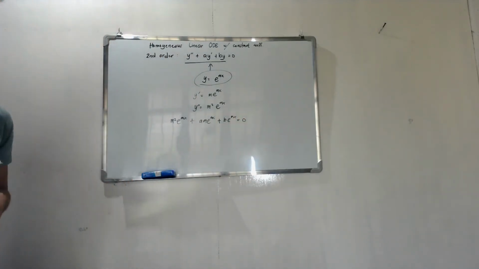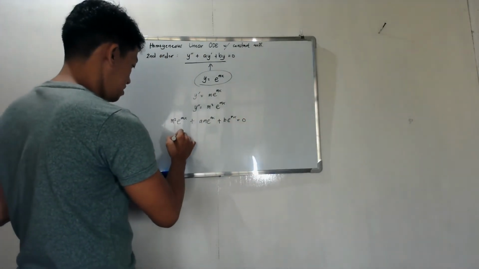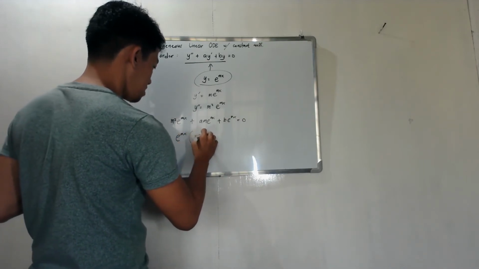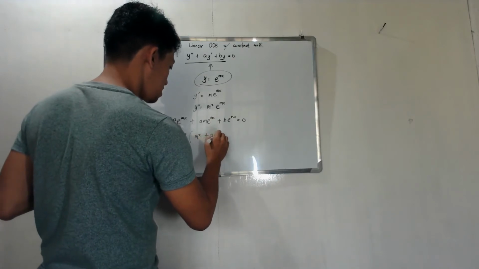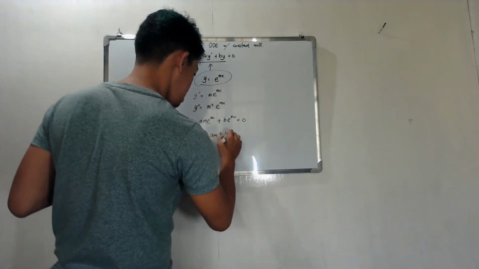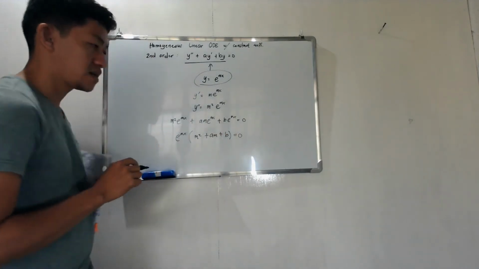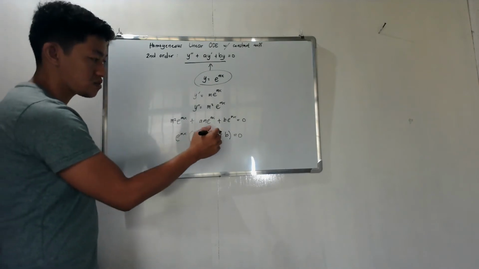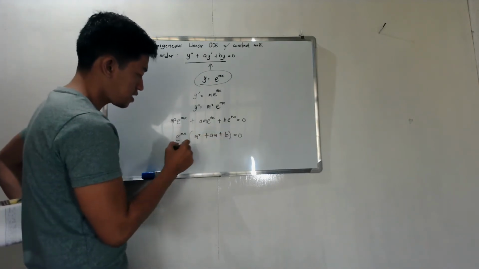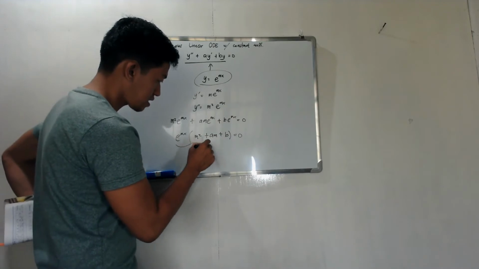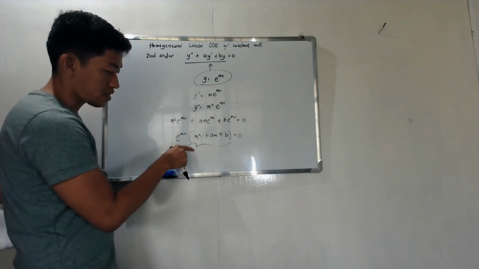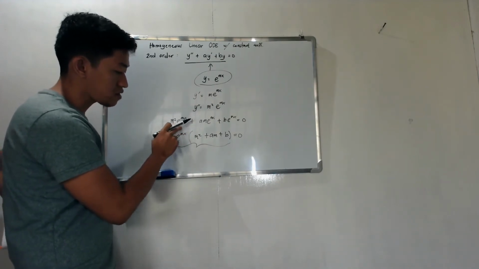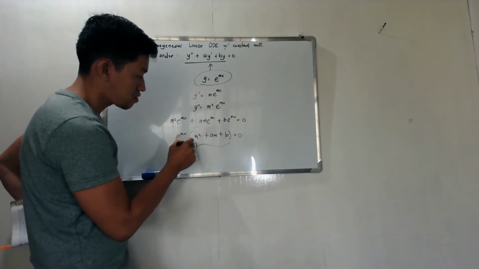Okay, so we come up with this equation. Now in order to satisfy this, this must become 0. Since e to the mx is not 0, this factor must be 0.